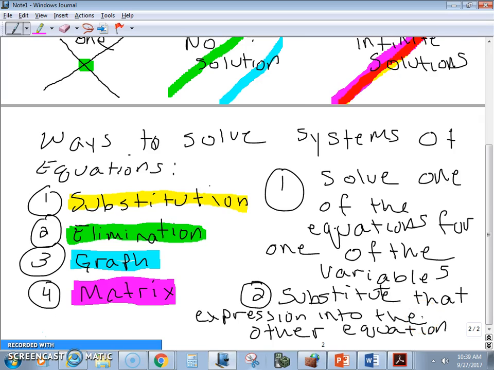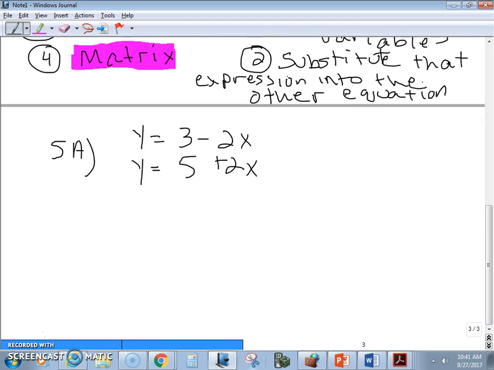Let's do an example. We're going to do an example problem from your worksheet 3.6, number 5A. We have y equals 3 minus 2x as one equation and y equals 5 plus 2x as the other equation. The first step is already done for you. They're both already solved for y. Look what I'm going to do. I'm going to rewrite the bottom equation as y equals 5 plus 2x.